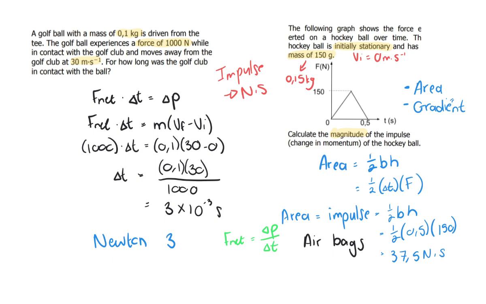Okay, so what happens is there are a couple of things in my scenario that I have control over and others that I don't. So remember, the change in momentum is dependent on the mass and the beginning and the end velocity.